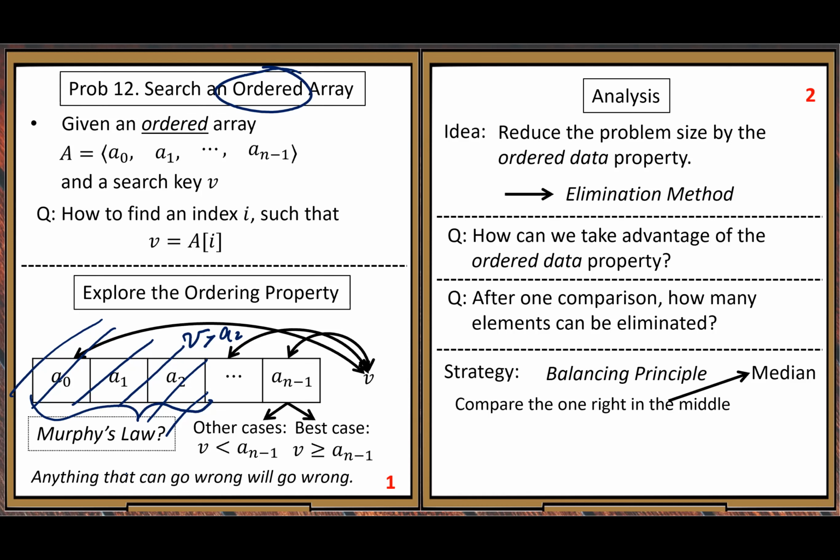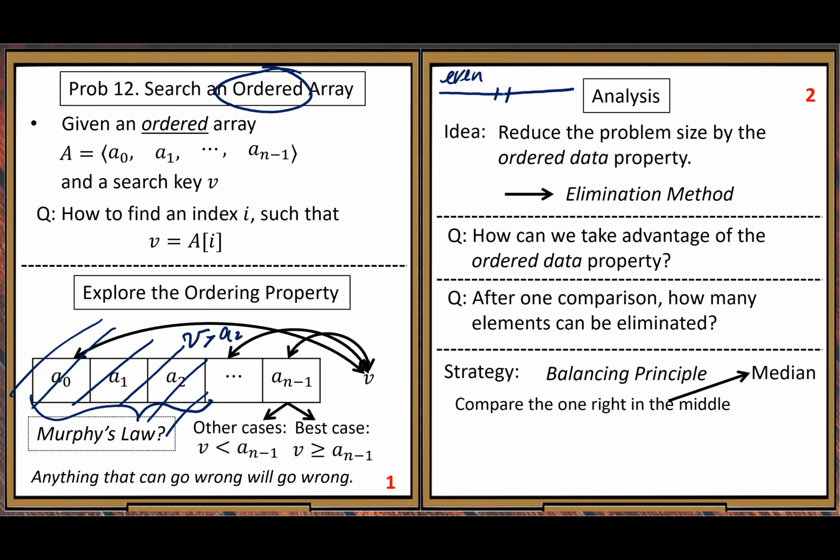Let me use the space here. Suppose this array. When you have an odd number, no problem. The one in the middle is the median. No argument. But when you have an even number of elements, you have two elements in the middle, but our median, we can only take one of the two. We cannot take both. It must be one of the two and fixed.